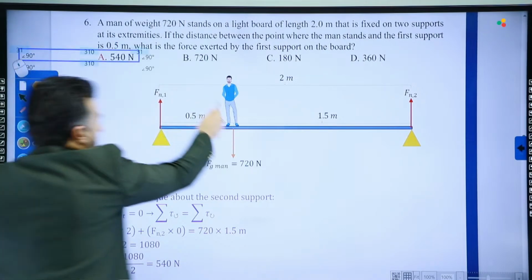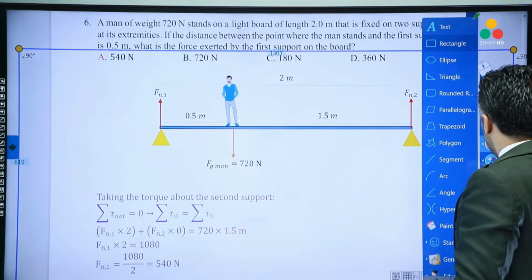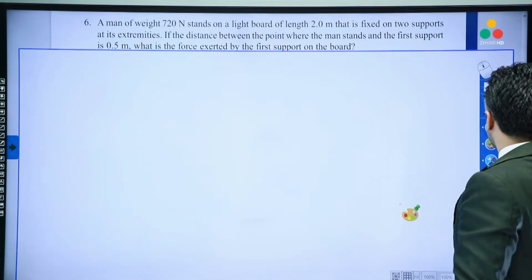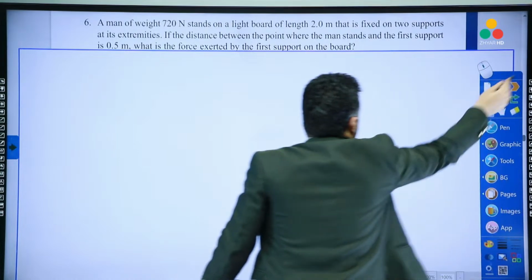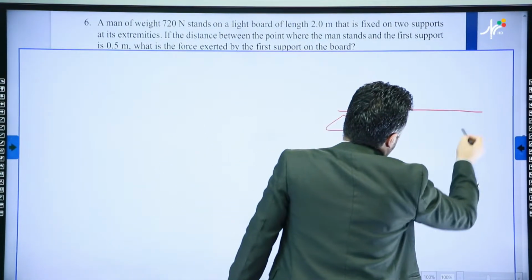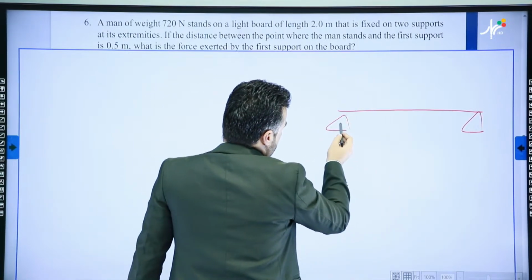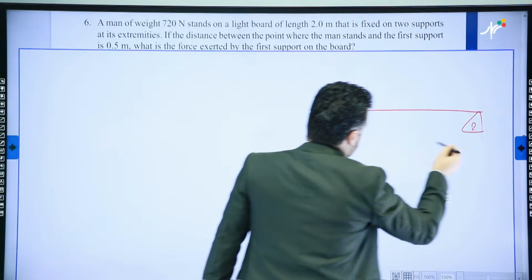Let's get space where we can write on it, and then solve this together. All right, so take a look here. What do we have? We have a light board in here, and of course this light board is supported by 2 supports at the extremities, at the ends. Yeah? So you can call this one support 1, and this is support 2.